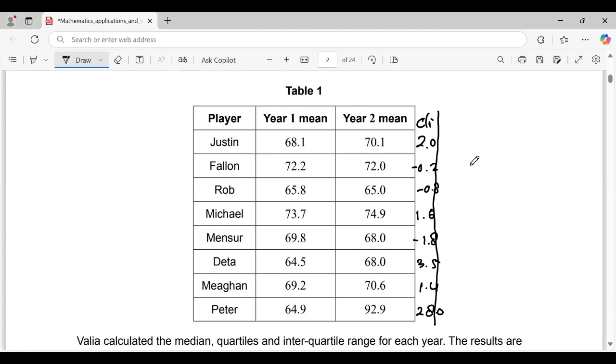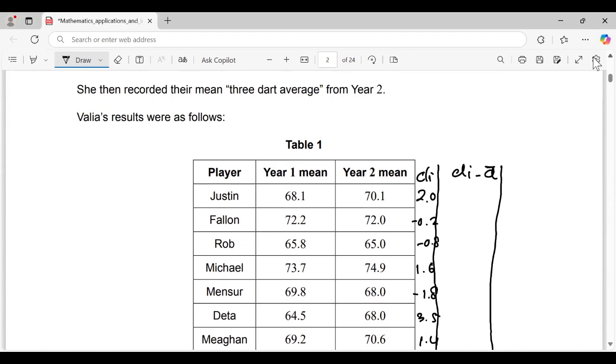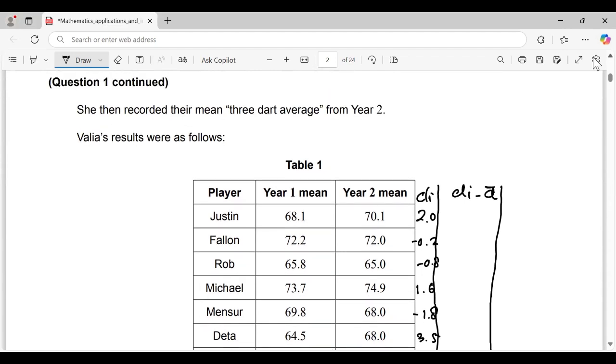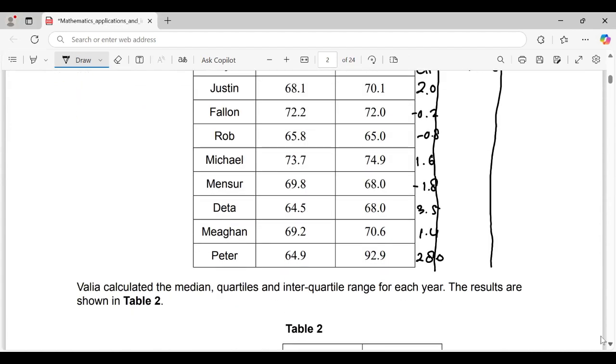And after that, I'm going to find the next column, the difference minus the mean. We need to find the mean first.